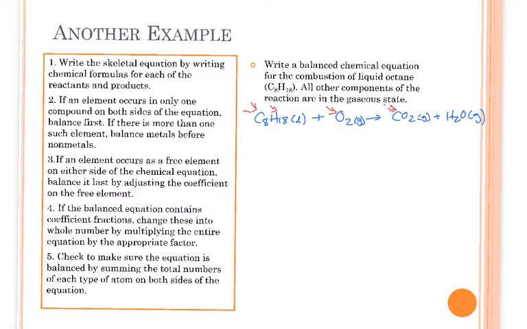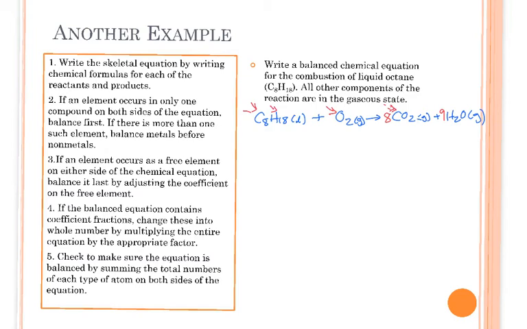We have 8 carbons on the left, so let's put 8 carbon dioxides on the right. Now we want to balance the second one, which is our hydrogens. We have 18 hydrogens on the left, but we only have 2 on the right. So to make it 18, we multiply this whole thing by 9, right? So 9 times 2 is 18 hydrogens now.